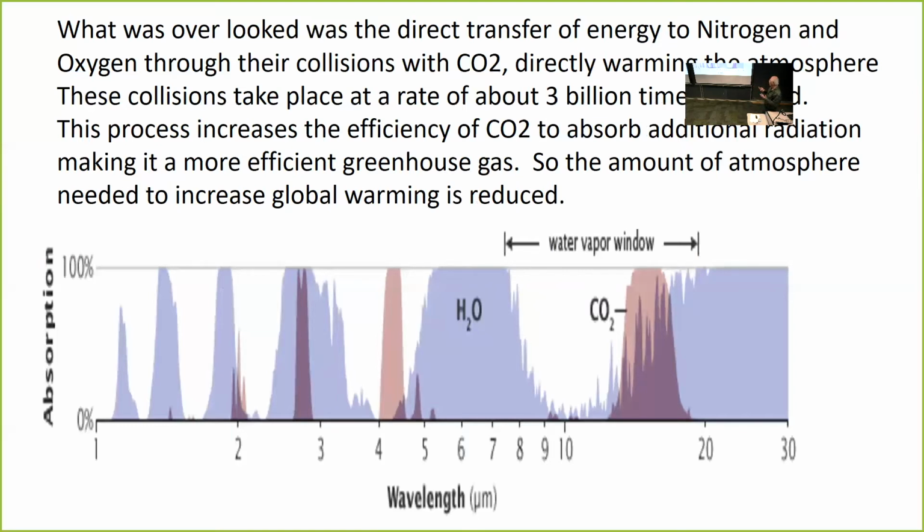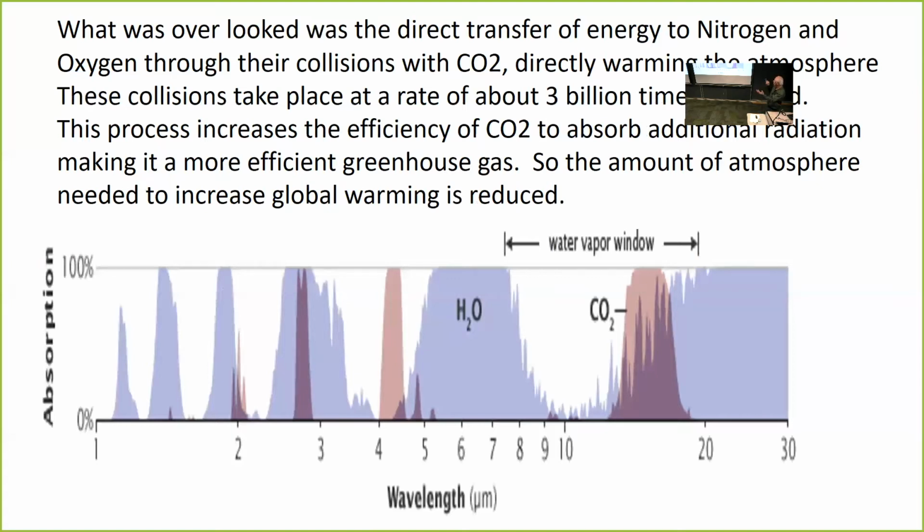It's all absorbed. The other thing you notice is that water makes up about 98% of the greenhouse gases. So all the shaded areas here is energy that's being absorbed and warming the Earth. All the white areas here is the emission going back to outer space, cooling the Earth.